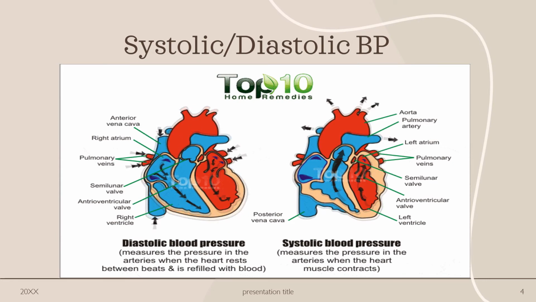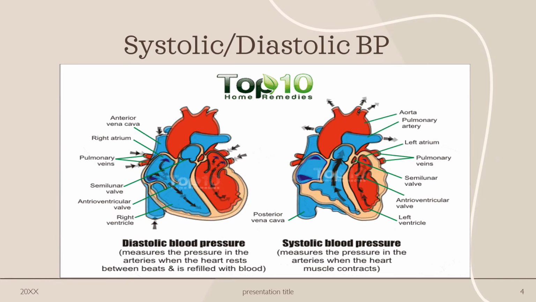During this period, also known as diastole, the pressure is usually much lower. Likewise, the diastolic pressure is the lower number and represents the amount of pressure of the system during the heart's resting period.